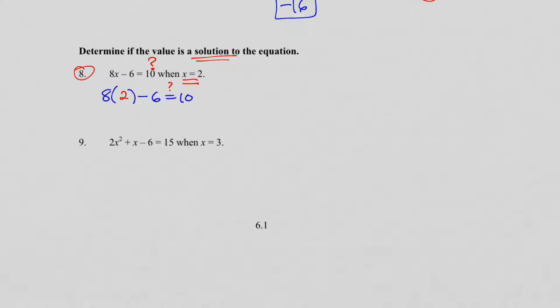So do we get a 10? On the left side, 16 minus 6, and 16 minus 6 is 10, so we get a true statement. And since that's true, then x equals 2 is a solution to the equation. Okay? So that's how we do that.